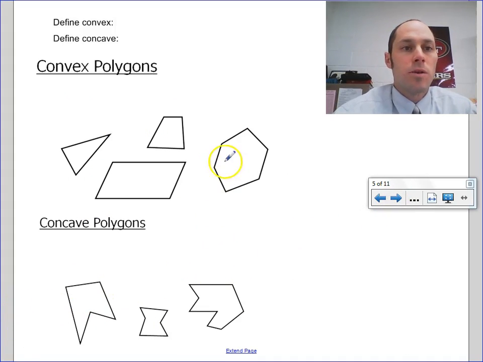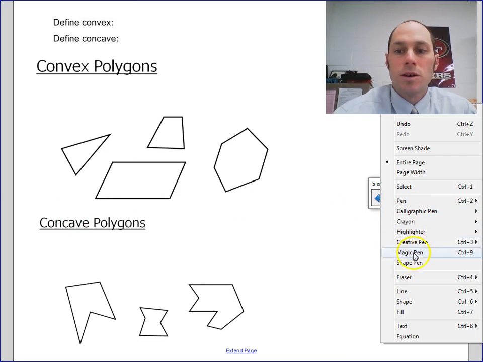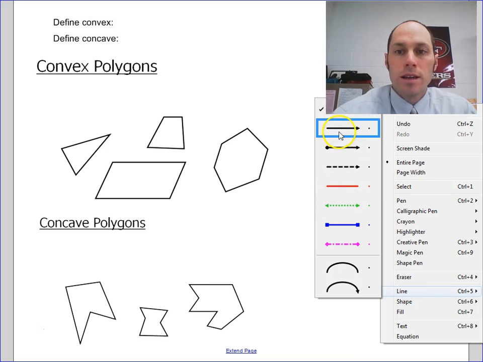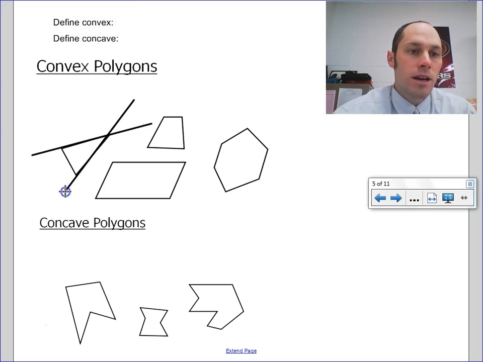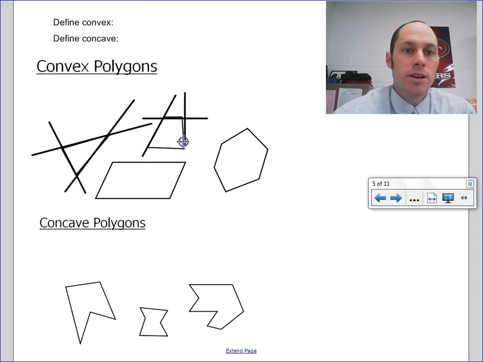Next, we'd like to talk about what makes a polygon convex or concave. In order to do that, compare the examples that we have there. What makes the difference between these? You might think that the concave ones look like they're caved in. That's the way that some people remember them. The official way to remember them is that for convex, if I were to extend the lines of each side, I would never get into the interior of the polygon.